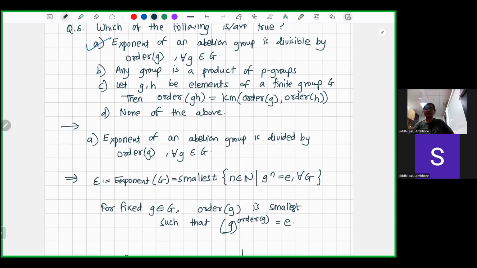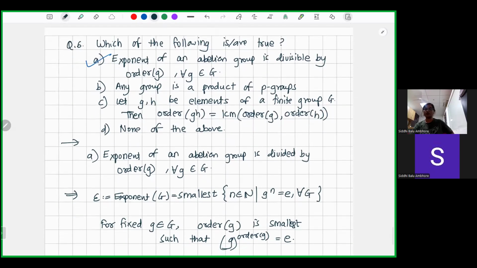And what is asked here is that any group G is a product of p-groups. And we just saw in the structure theorem that we could write every abelian group as a product of p-groups. But here the question is that given any group, whether it is a product of p-groups or not.